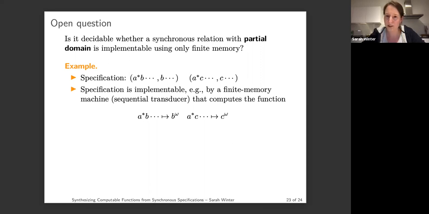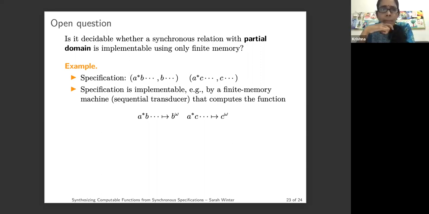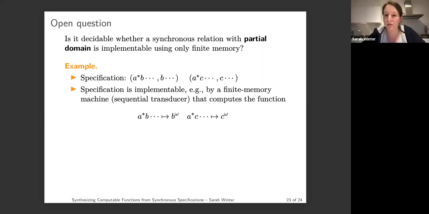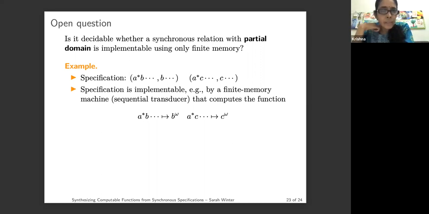I don't know if it's decidable. I don't know if someone in the audience knows. But is it not like the rational function case? Because one-way transducers typically compute rational functions, isn't it? Yeah. So maybe, but you have an undecidability for the rational functions case.